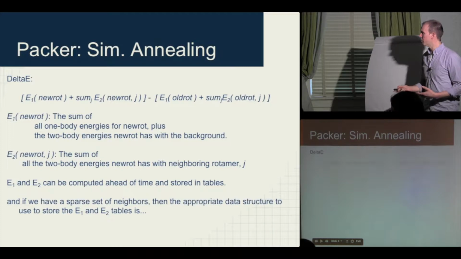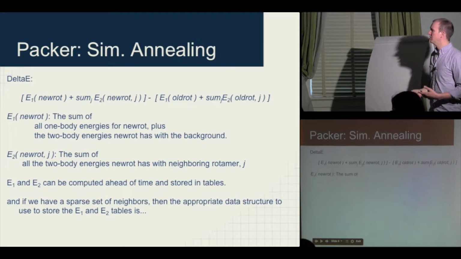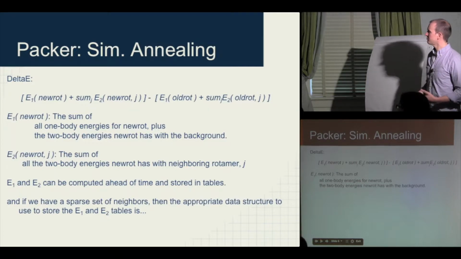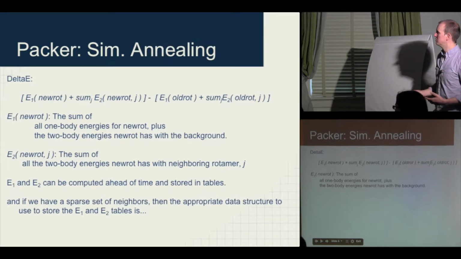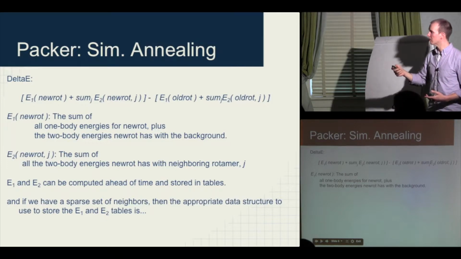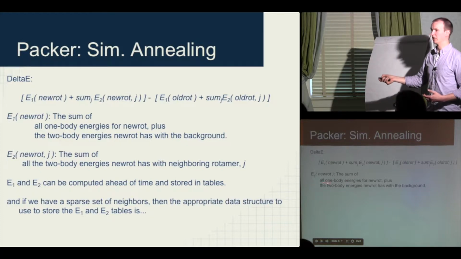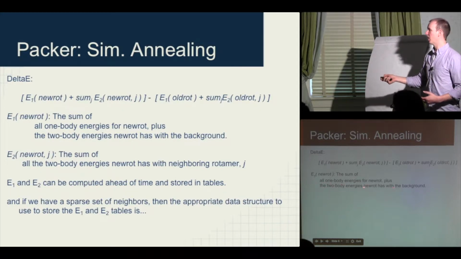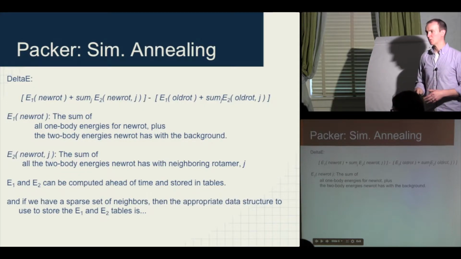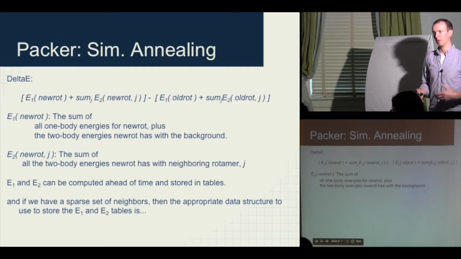Yes, I forgot one of the components here, which is maybe worth mentioning: the one-body energies include, say, the internal energies for each residue, and then the interaction energies that the new rotamer would have with the background, which may be fixed and is not part of the packing simulation.